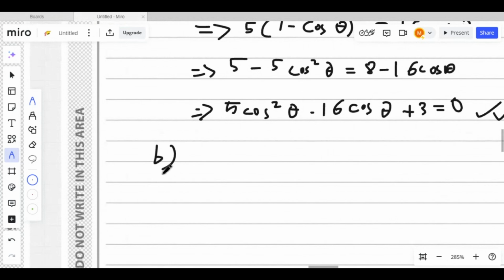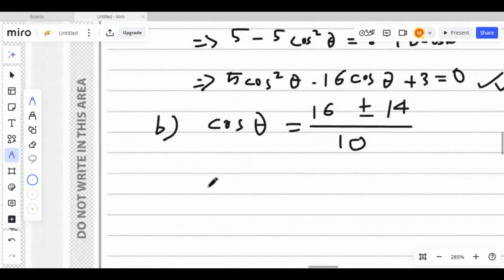For part B, what would be the value for cos theta? A quadratic equation, so minus b plus or minus the square root of b squared, which is 16 squared, minus 4 times 5 times 3. This is 196. So the square root of 196 is 14, over twice a, which is 10.